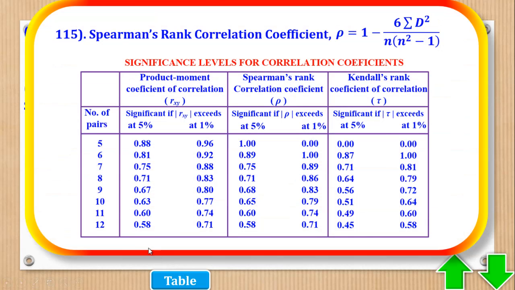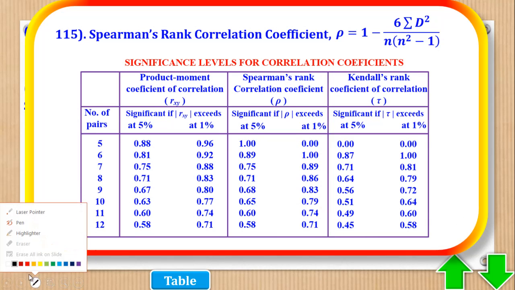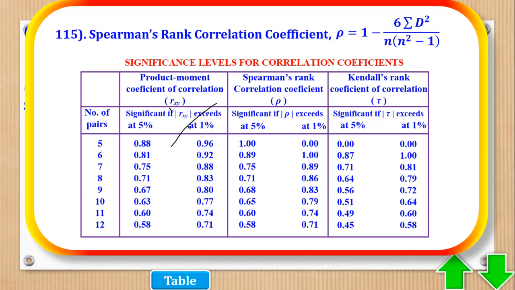The logbook has a part which has significance levels of correlation coefficient. And our interest is not this one, and this one for now will appear in the new curriculum, but for us we need Spearman's rank correlation coefficient.